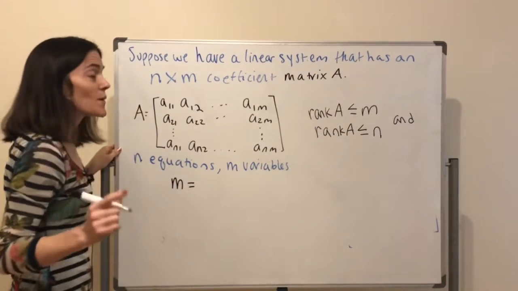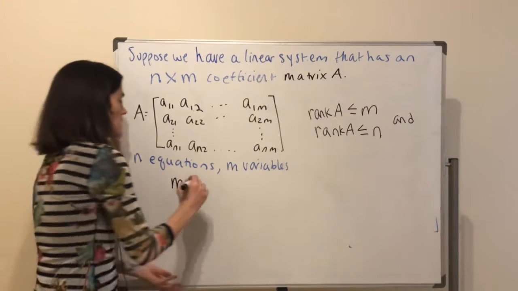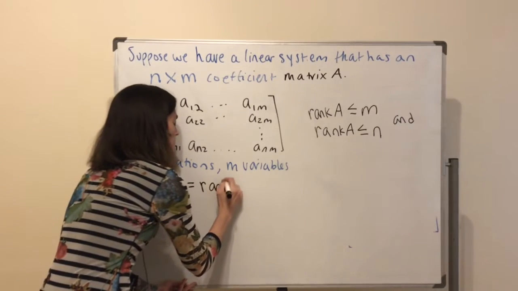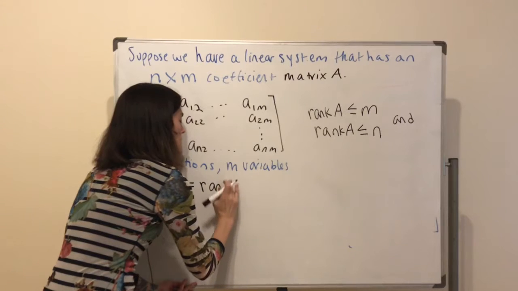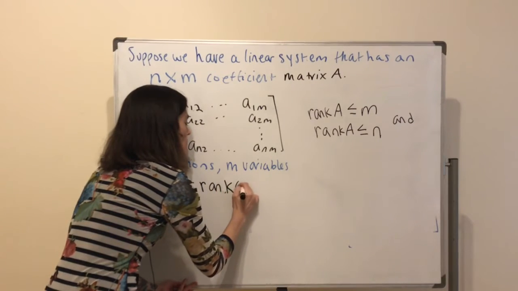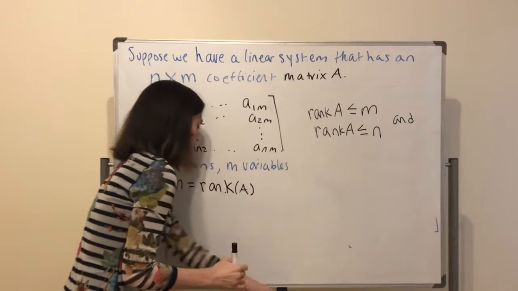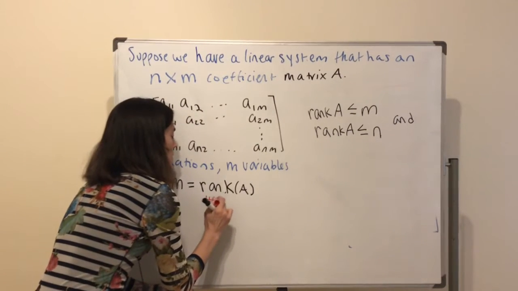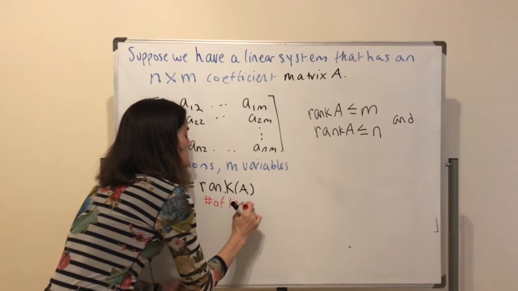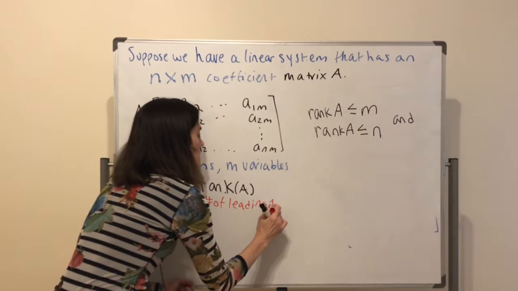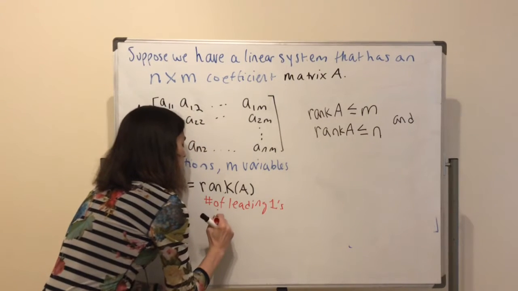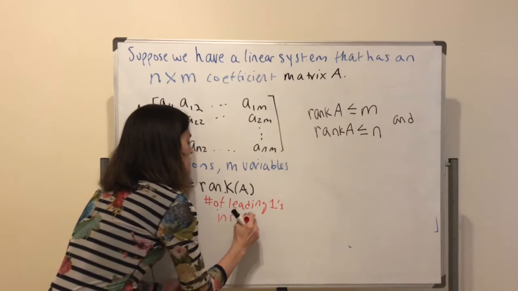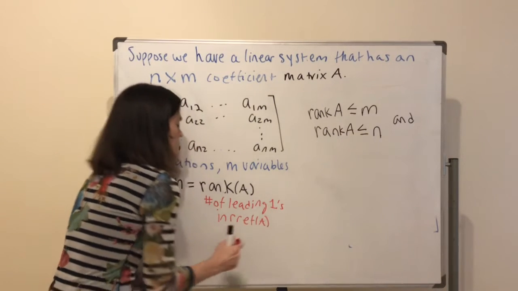Well, it's going to be the rank, this is the number of leading ones, maybe I'll write that underneath. This is the number of leading ones in the reduced row echelon form of the matrix.